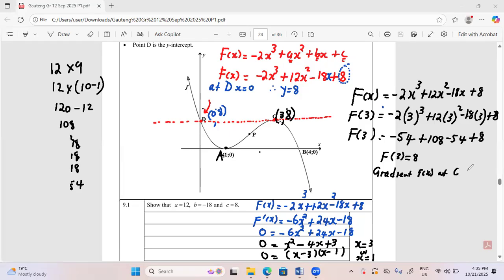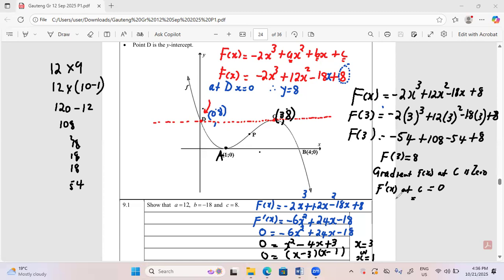We know that it is 0. So we say F prime x at C is 0. That's what we know because C is the turning point. The gradient at the turning point of a function is always 0.